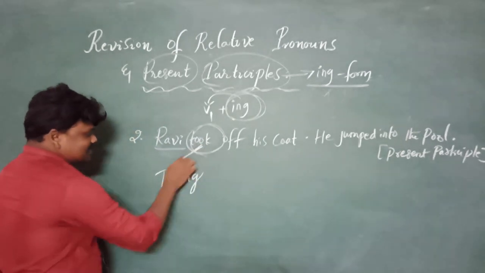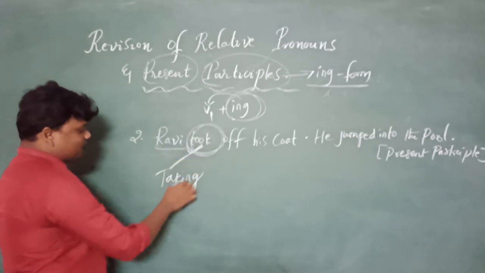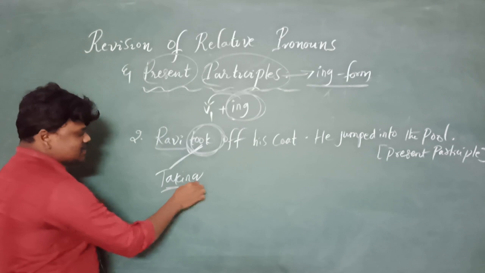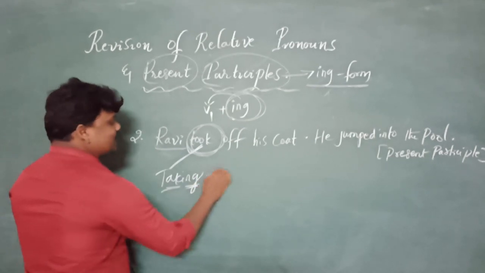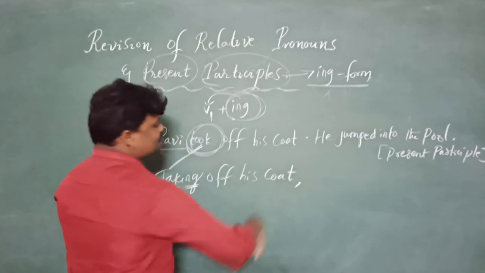So what might be the answer? Not 'tooking', taking. Took becomes V1, take, add ing. Taking off his coat, comma compulsory.